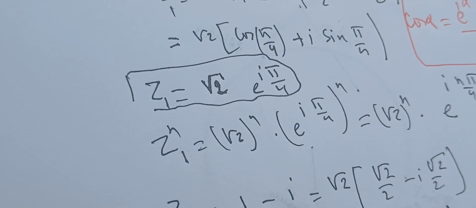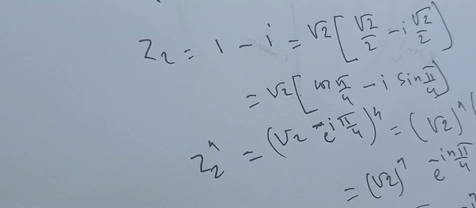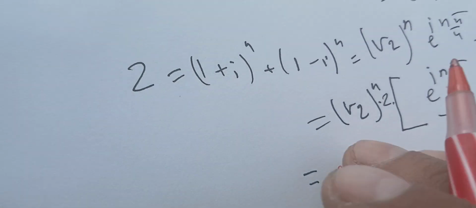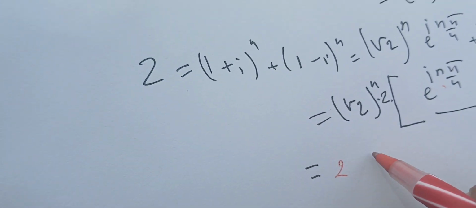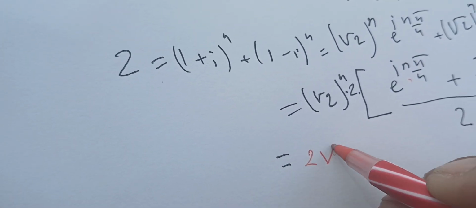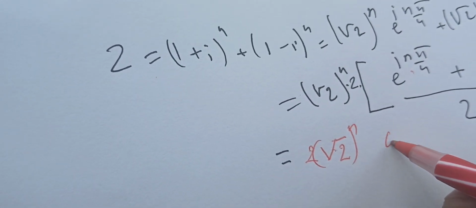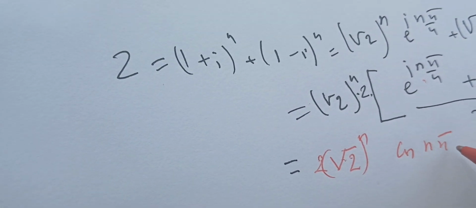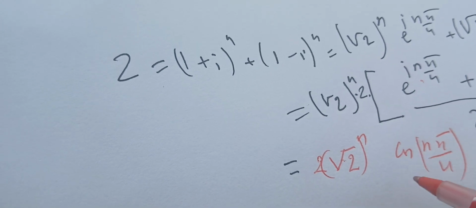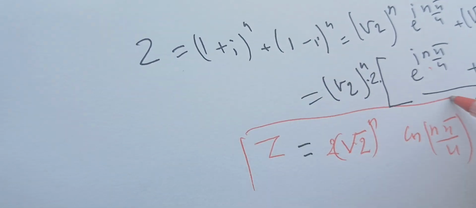What do we get? We get 2 times the square root of 2 to the power n times cosine of n pi over 4. This is our Z.